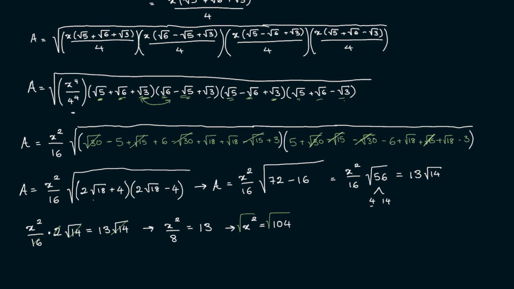And finally, when we square root both sides, since we only need the positive value, since we're looking for a side length, we get that x is equal to the square root of 104, or that x is equal to 2 radical 26. And this is our answer.